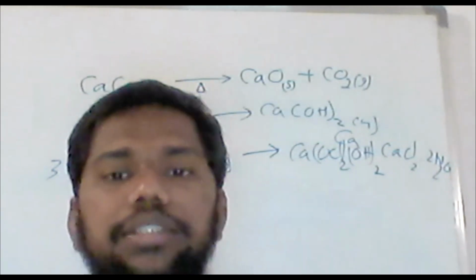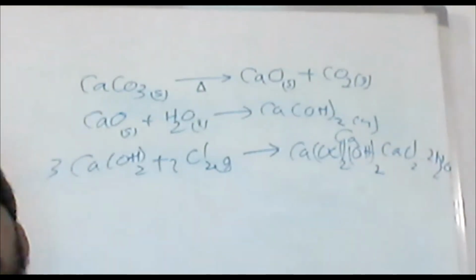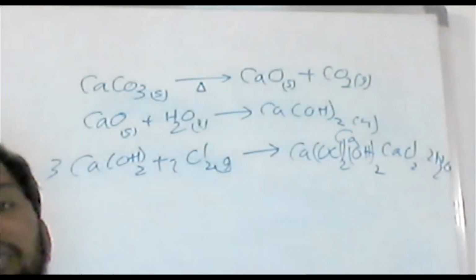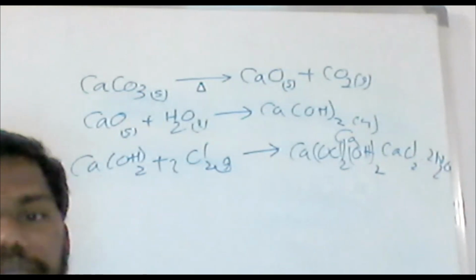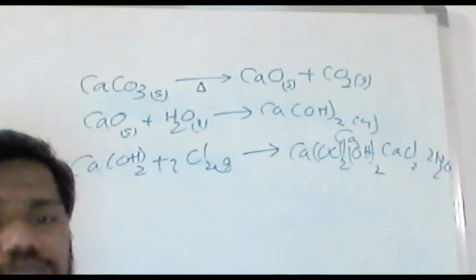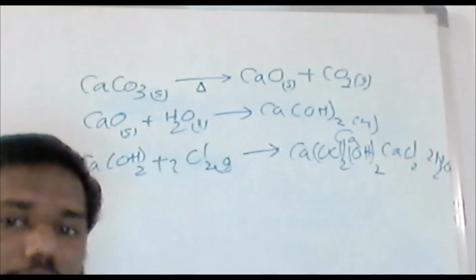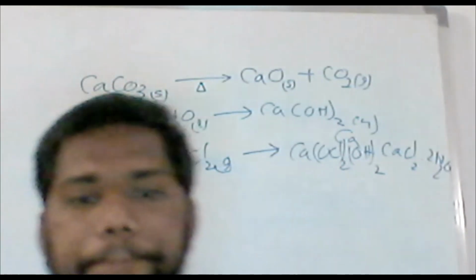But this is the complete picture. So try to understand the complete picture. So you have limestone, you heat to get calcium oxide, and then you get the hydroxide, just like lime, then you send Cl2 to get this bleaching powder.